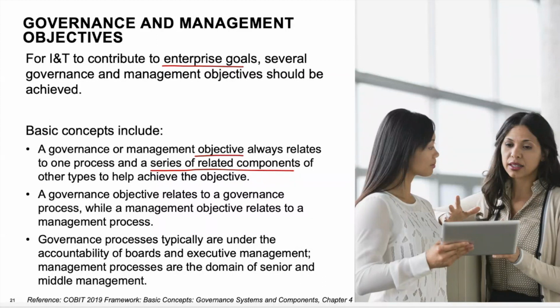The second part is that within COBIT, there is a very clear distinction between governance and management. So again, don't confuse the two. Governance is around setting direction and monitoring and controlling the organization, whereas management is the more day-to-day objective that teams take in order to deliver specific results.